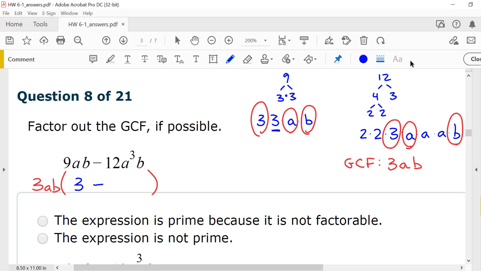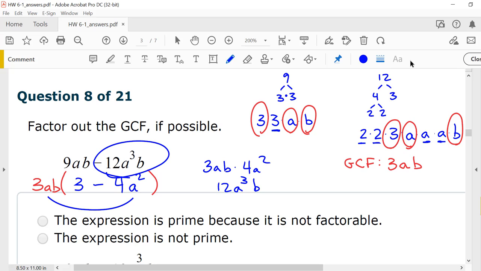Okay, minus. What was remaining over here? I had 2 times 2, which is 4. A times a is a squared. Now, if I check that, 3ab times 4a squared, 3 times 4 is 12, a times a squared is a cubed, b.